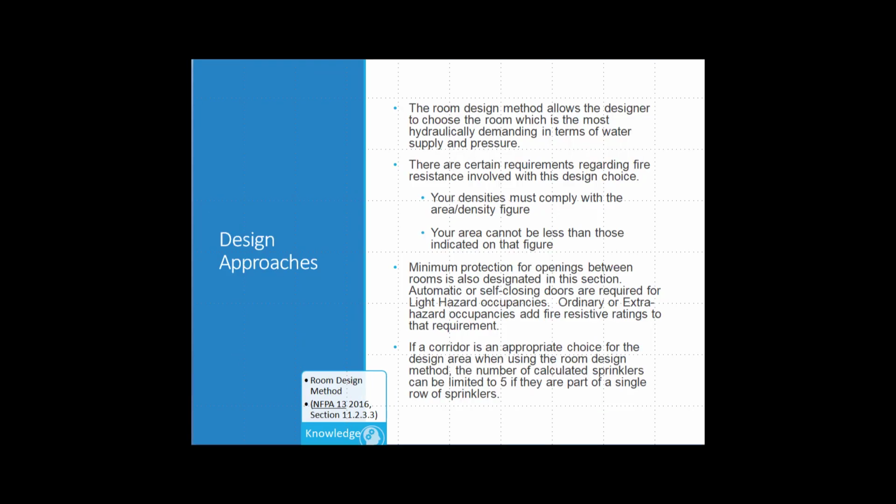The room design method allows the designer to choose the room which is the most hydraulically demanding in terms of water supply and pressure. If a corridor is an appropriate choice for the design area when using the room design method, the number of calculated sprinklers can be limited to 5 if they are part of a single row of sprinklers.